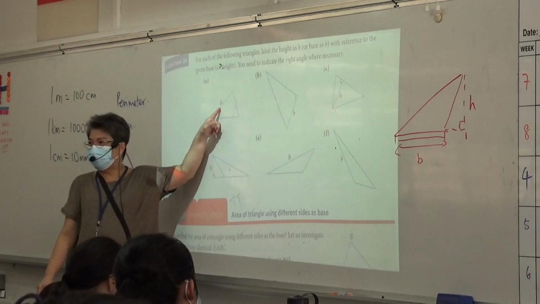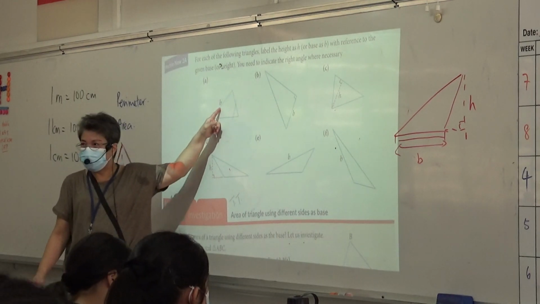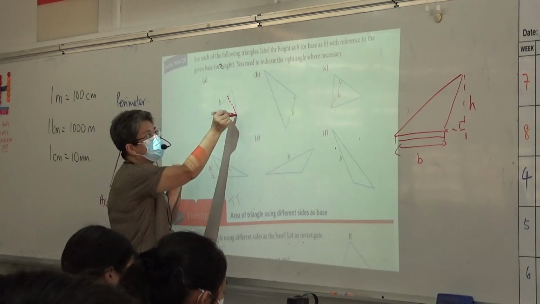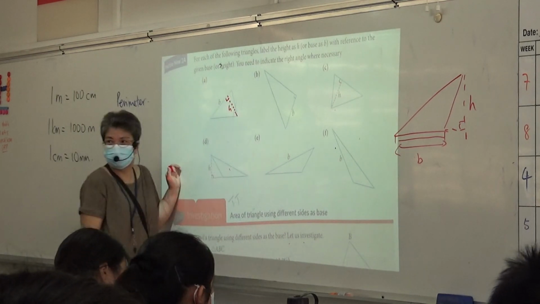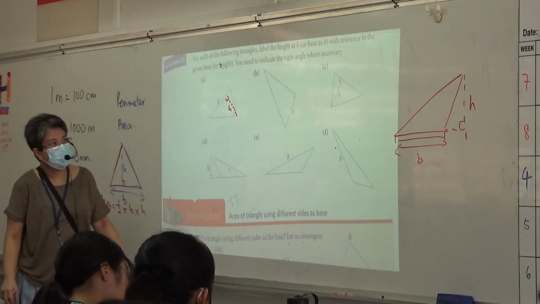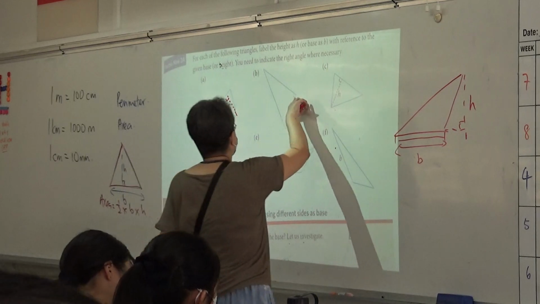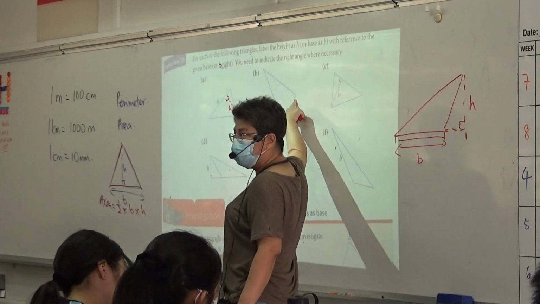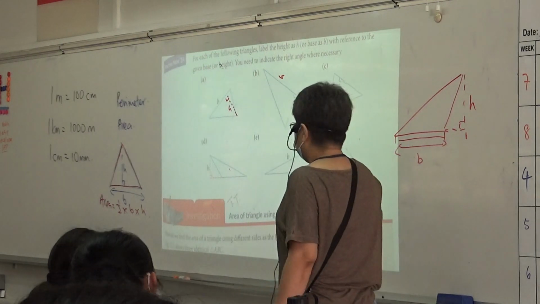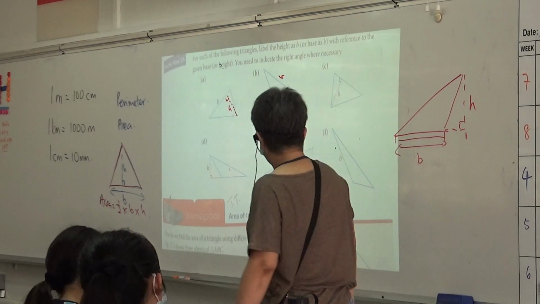If this is the base, right? Can you tell me where will be the height? Do you agree it must be somewhere here? Correct. Okay. If this is the base, this is 90 degrees, where's the height? Here, right? Correct. Okay.